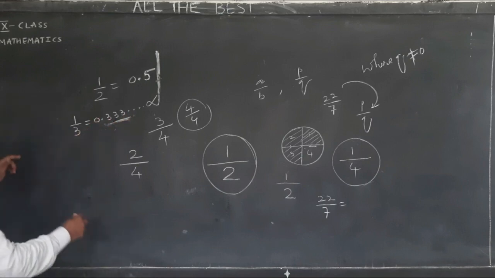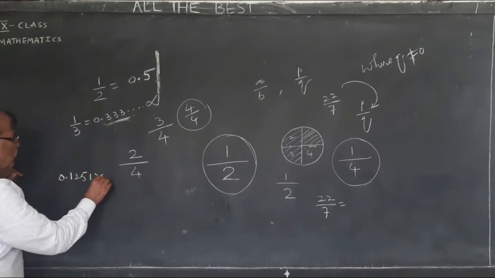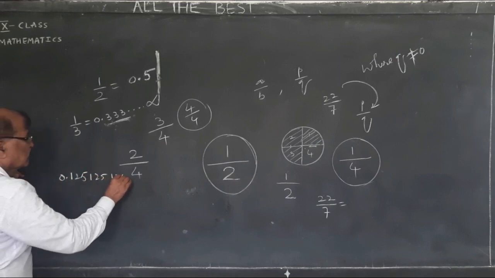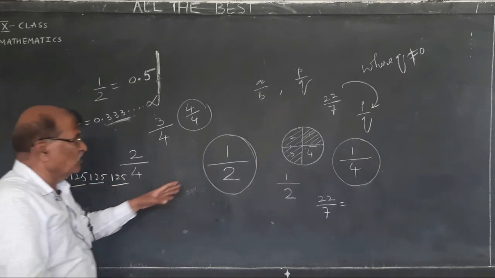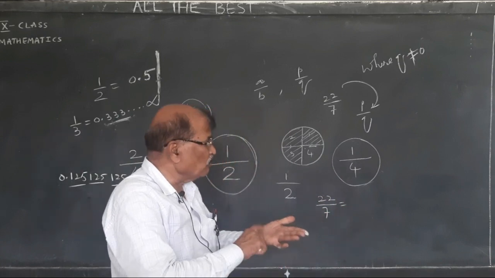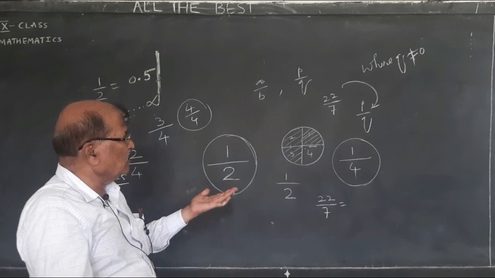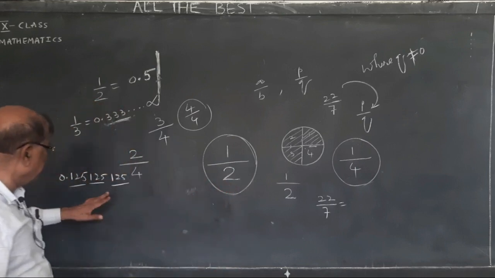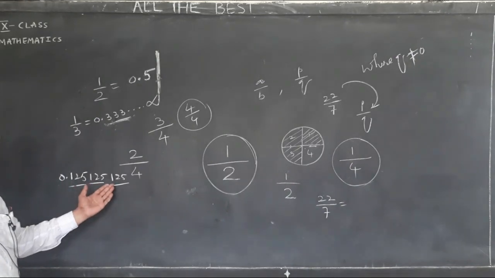For example, you take 0.125, there is some pattern. If you observe carefully in 22 by 7, if you take the decimal simplification up to 10 digits in the calculator, you don't find any sequence.